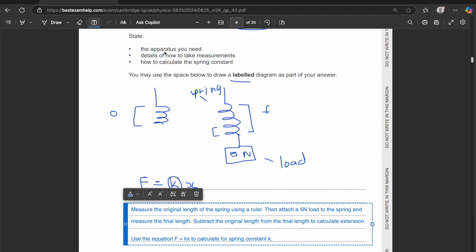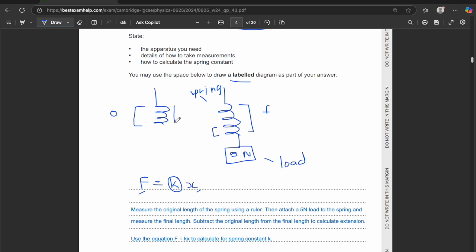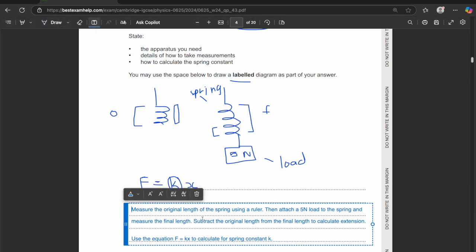And now we've got this apparatus we mentioned, the spring, and we can actually include the ruler as well, and details of how to make measurements, right? Maybe we can even include looking at the scale perpendicularly to avoid parallax errors. And maybe that's more like paper 6, but you can include it, I guess.